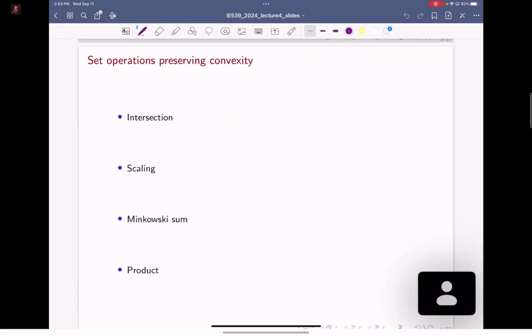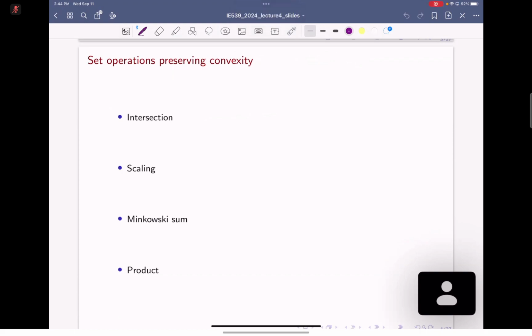Conversely, when you have a complex looking function or set and you want to determine whether it's convex or not, you can apply these operations to decompose the big picture into pieces and analyze each piece. If you prove that each piece is a convex set or a convex function, then the original big thing is also convex. That's the idea.